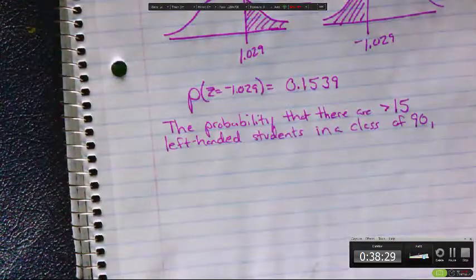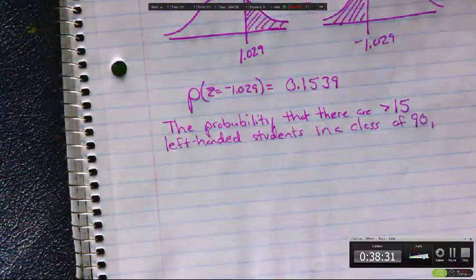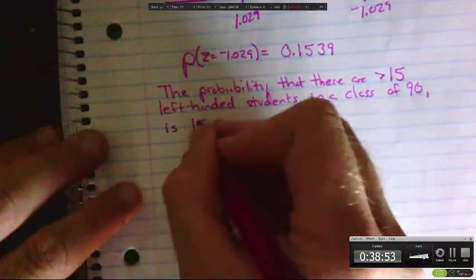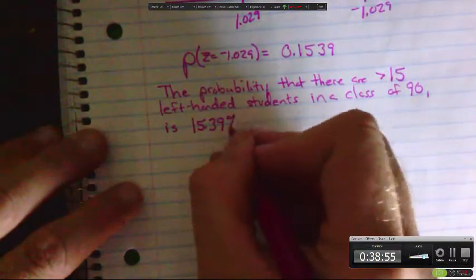Because if the class had only 15 people in it, the chances of more than 15 of them being left-handed would be 0. So it's all dependent upon the class size. The chances that there are more than 15 left-handed students in a class of 90 is 15.39%.